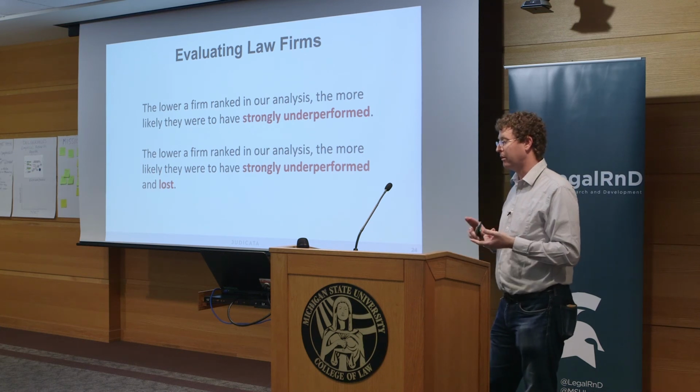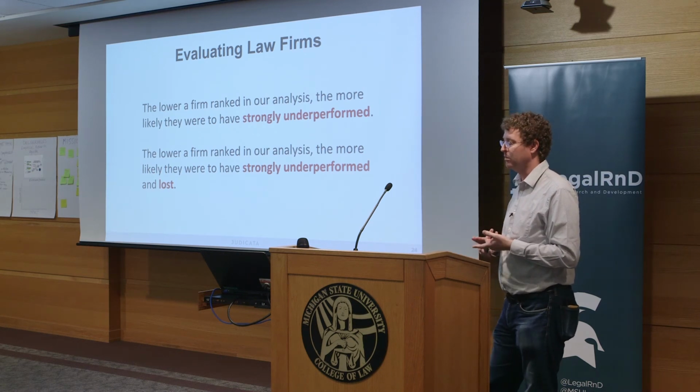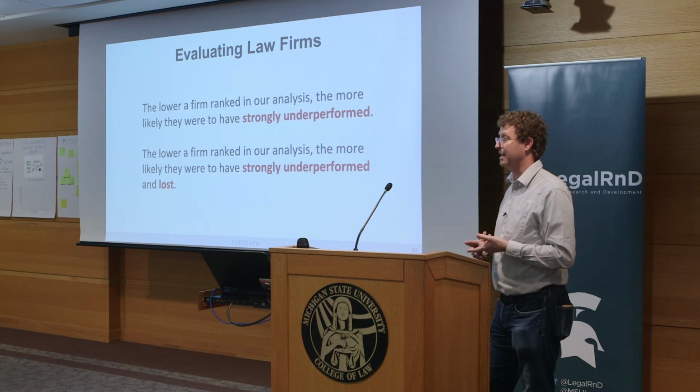And also, the more likely they were to have strongly underperformed and lost on that, which suggests some sort of relationship between the quality of the brief and the impact for the clients.